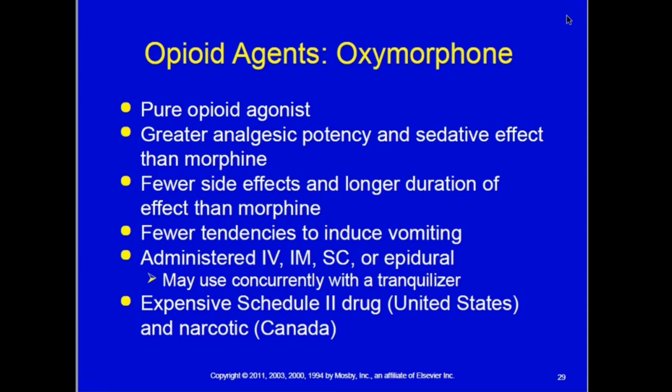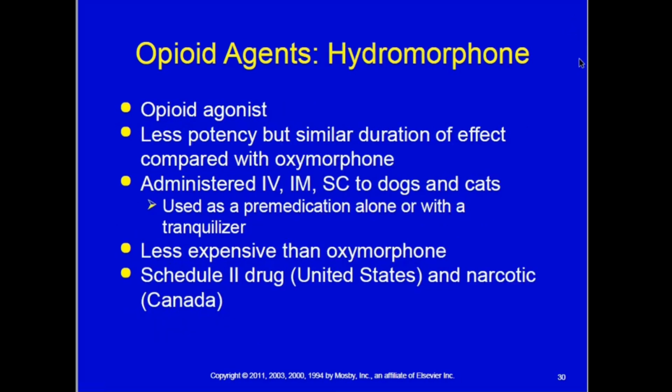It can be administered IV, IM, subcutaneously, or epidurally, similar to morphine, but it is an expensive drug. Another opioid agent, hydromorphone, is also an opioid agonist, but compared to oxymorphone, the potency is less, while the duration of effect is similar to oxymorphone.